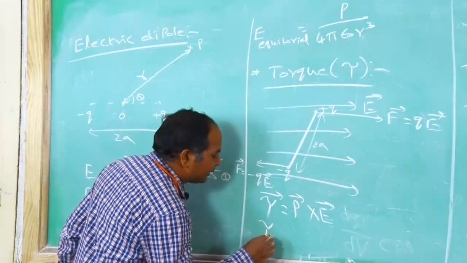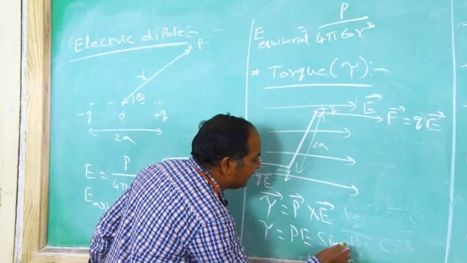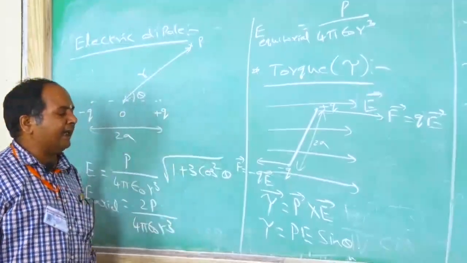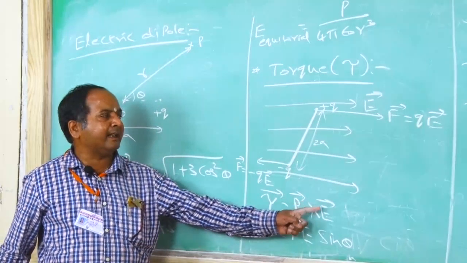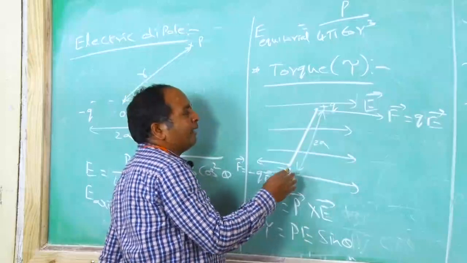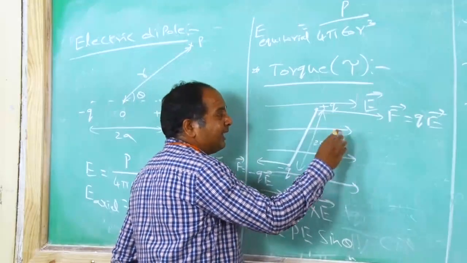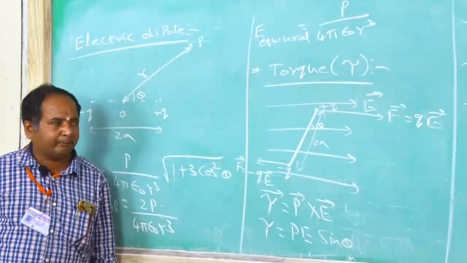It may be written as its magnitude tau is equal to what? P E sin theta. Here theta is the angle subtended in between dipole moment and electric field. That means if this is a dipole and this is the electric field, this angle is said to be theta.